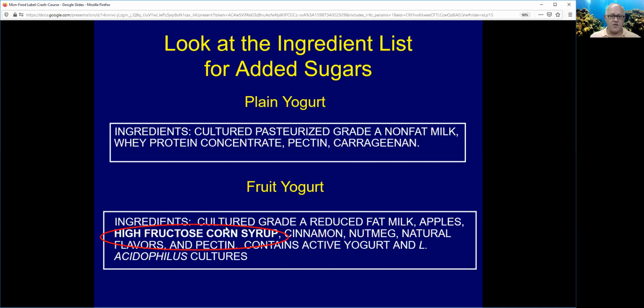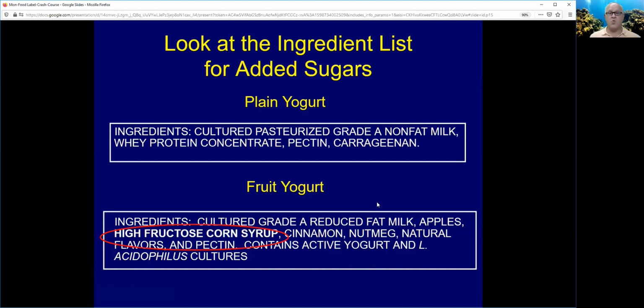The fruit yogurt has cultured grade A reduced fat milk. It has reduced fat milk. It doesn't say non-fat milk. It then has apples. And then on top of the apples, they add high fructose corn syrup. That's where a lot of that sugar is coming from. Cinnamon, nutmeg, natural flavors, and pectin.